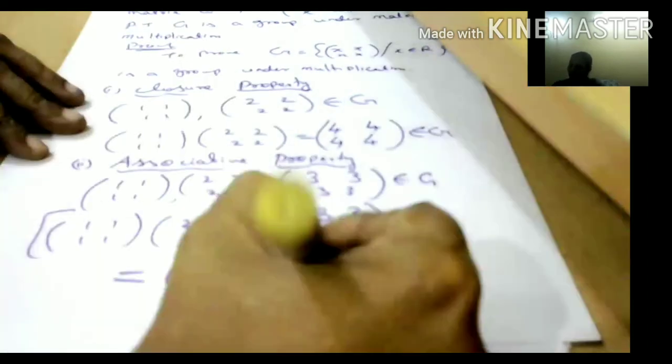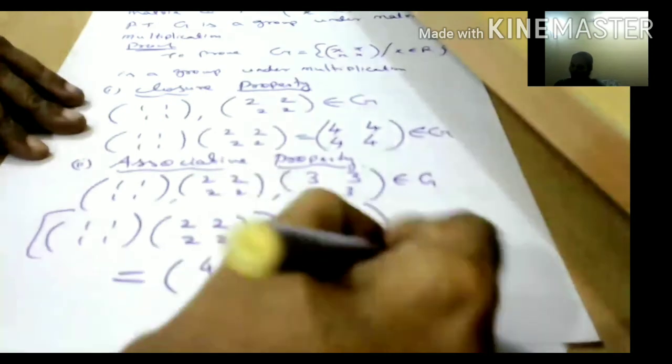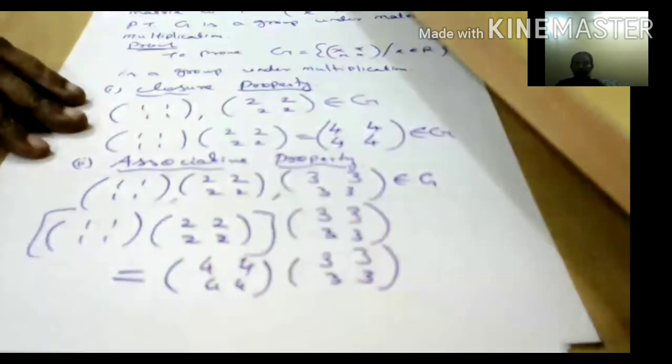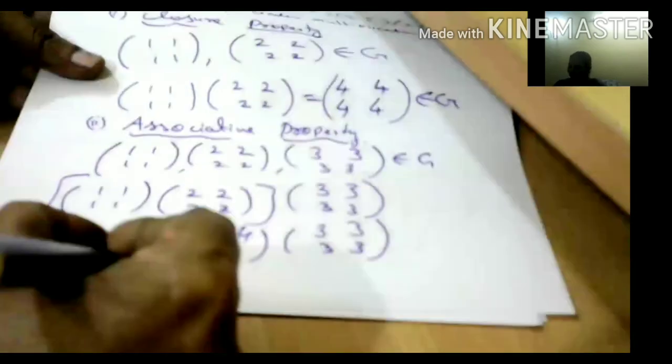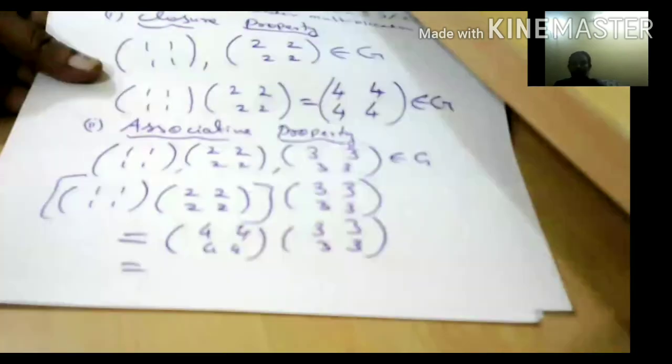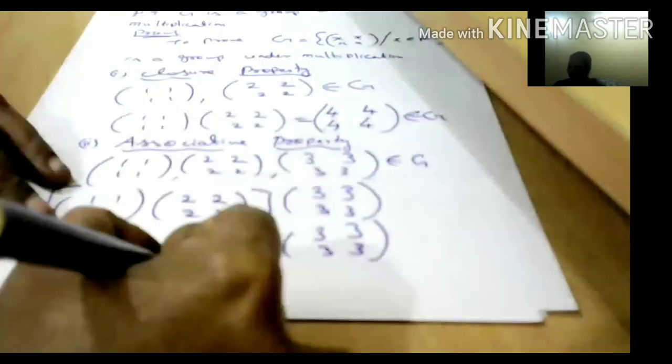Now multiply by 3, 3, 3, 3. 4 3s are 12 plus 4 3s are 12, this is 24.